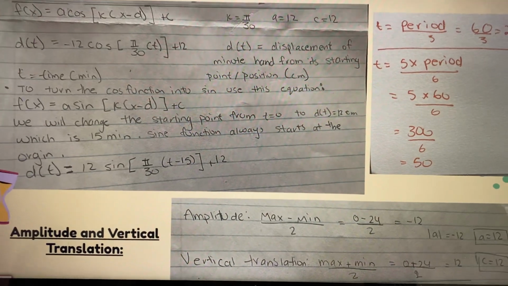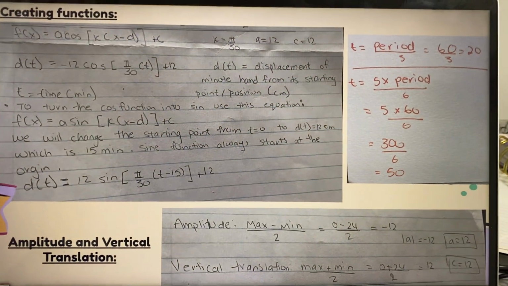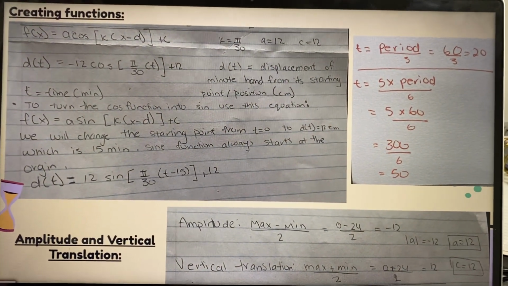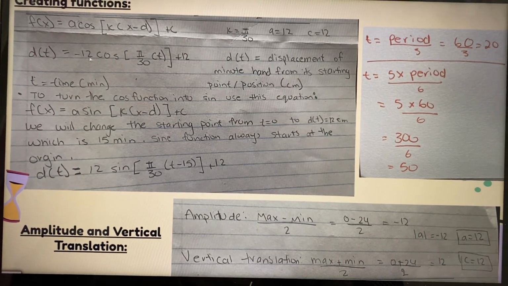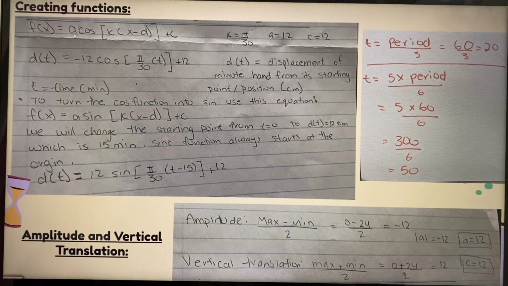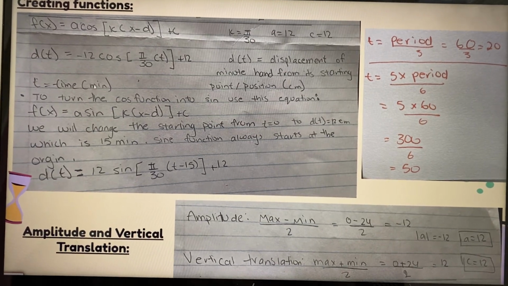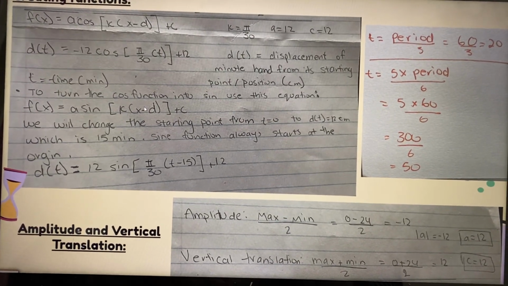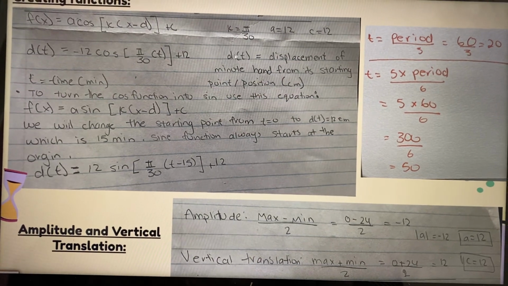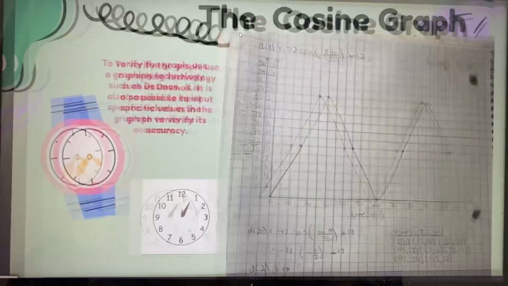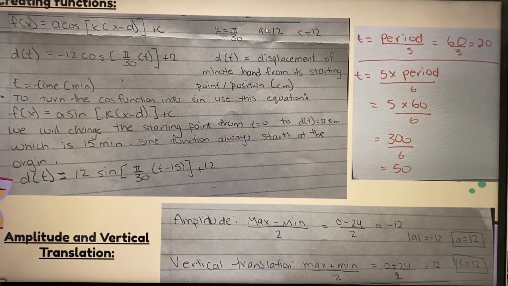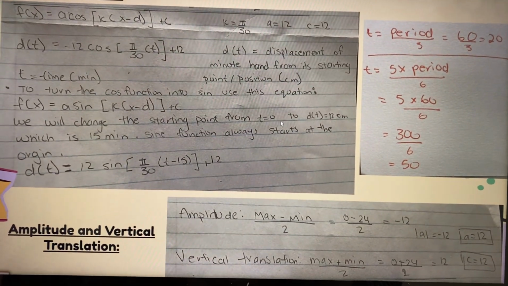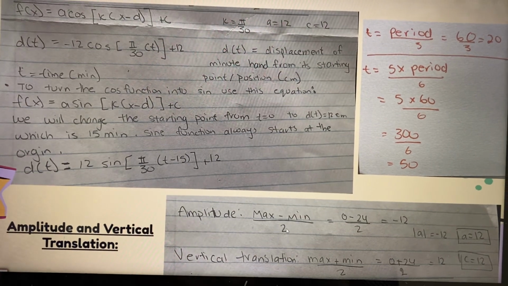Then, our calculation part. For the calculations, I use the same equation for both sine and cosine, but I just changed the sine and cosine within it. So I used this equation and then this one. And I inputted the k value, which is pi over 30, and then the a value, or the amplitude, which is 12, and we got that by doing max minus min over 2.